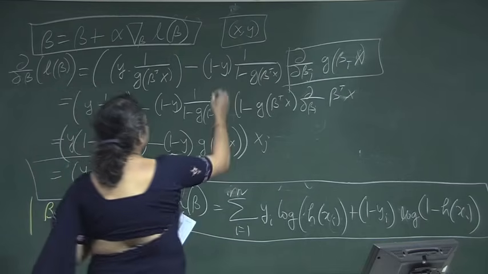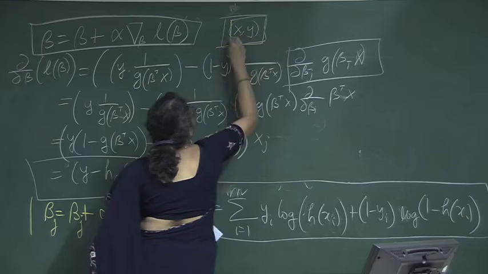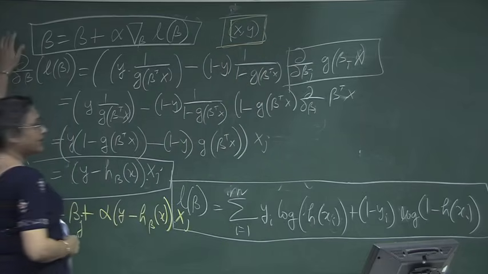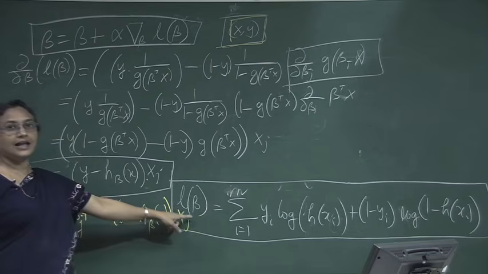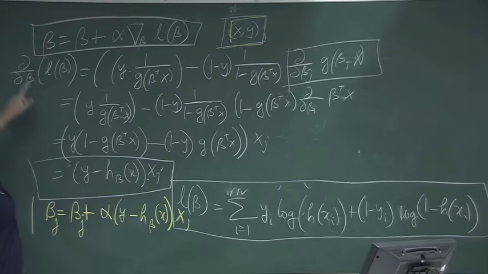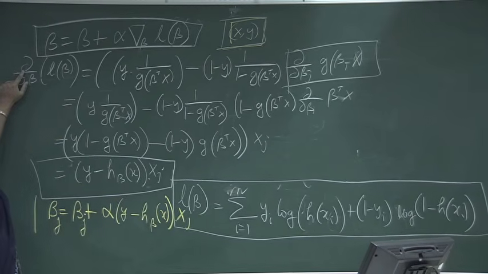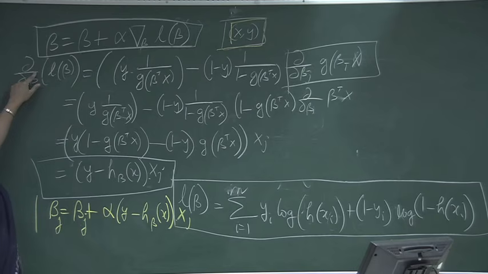So, given a training example (x, y), we take the partial derivative of the log likelihood of beta, and we have worked this out here.